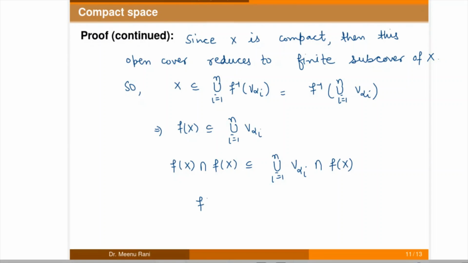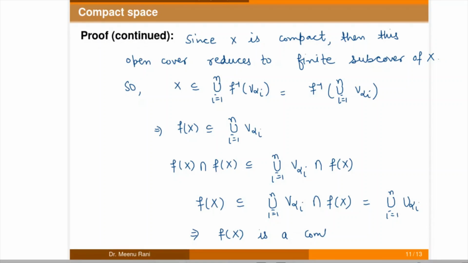So this intersection is f of x only, and it is contained in the finite union of v alpha i's intersection with f of x, and these are u alpha i's which are finite open sets in f of x. So this finite collection of open sets covers f of x also, which implies that f of x is a compact space.